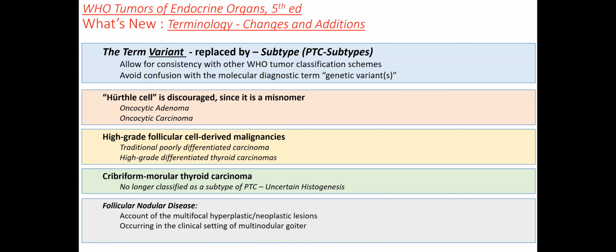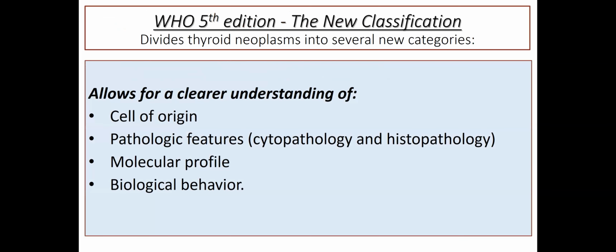And in endocrinology now, the term hyperplasia is getting out of fashion because we are finding that what we used to call non-neoplastic nodules are actually clonal neoplasms. And that's why we have introduced the term follicular nodular disease, because multinodular goiter is a clinical term and not a pathologic term.